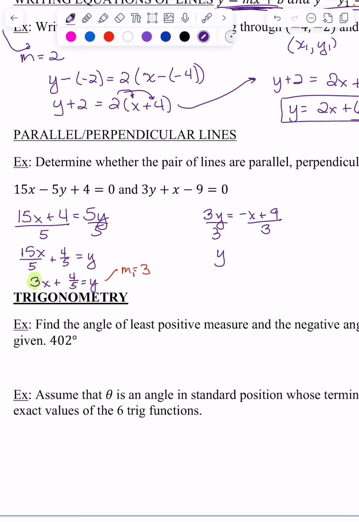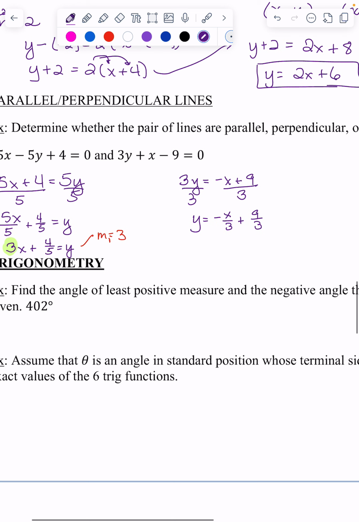I'm going to get y is equal to negative x over 3 plus 9 over 3. And if I reduce this a little bit, I'm going to say y is equal to negative 1, because it has kind of like an implied 1 up there.